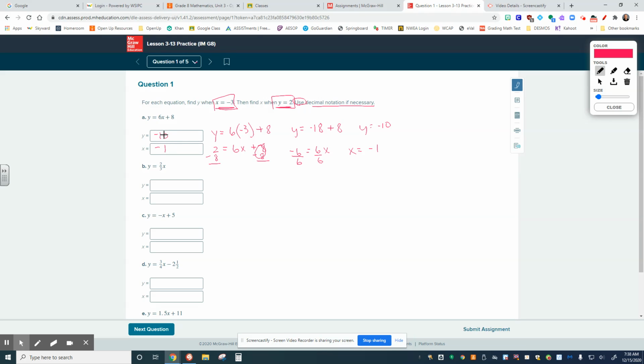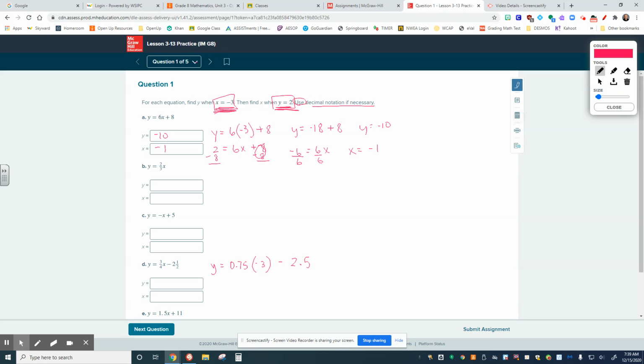All right. Let's go ahead and look at D. D looks a lot more complicated. Let's do the same thing with these and understand that we're going to use, again, x and y. But remember that it also says that we can use decimal notation if necessary. On this one, I think I'm going to go ahead and use decimal notation. And I see that y is equal to 75 hundredths times -3 minus 2 and 5/10.